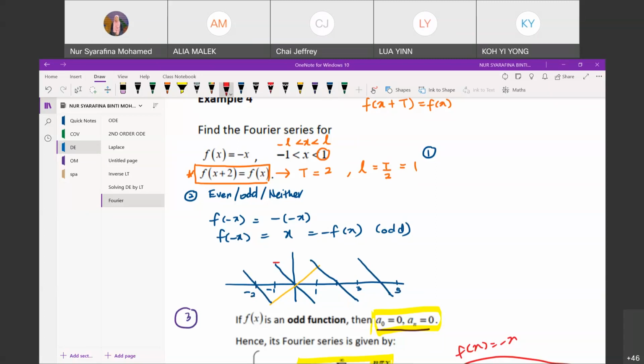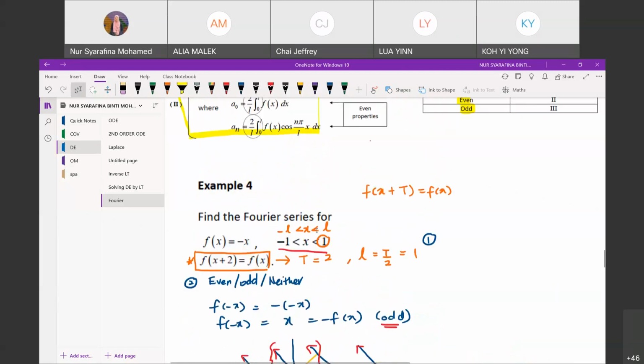This is the original function from -1 to 1. When T equals 2, it is again repeated. But we have to consider only from -1 to 1, so let's just consider this function. Okay, now you know how to sketch the periodic function, right? So next, this function is odd.